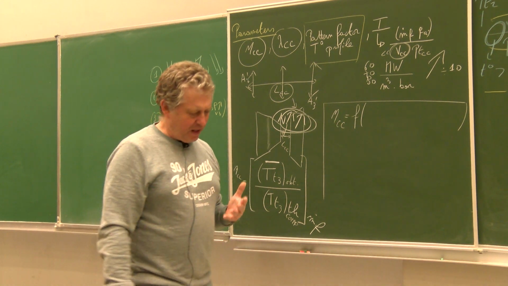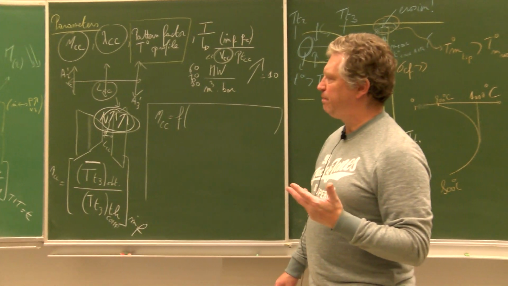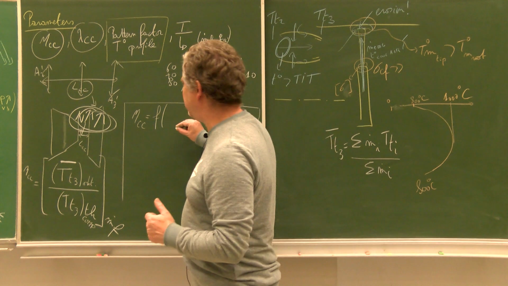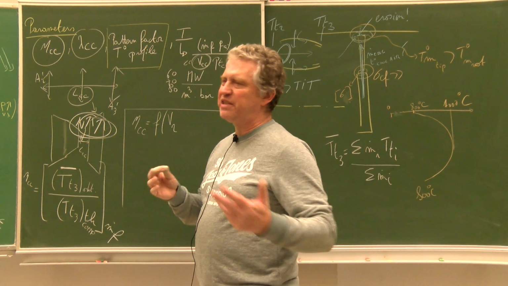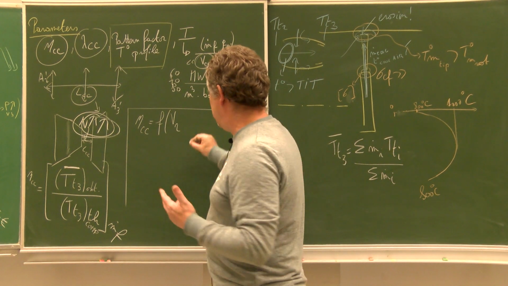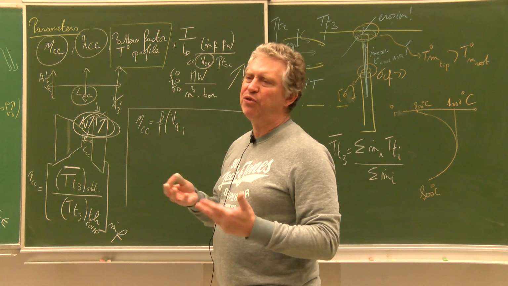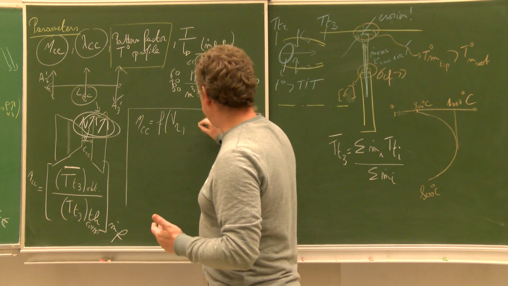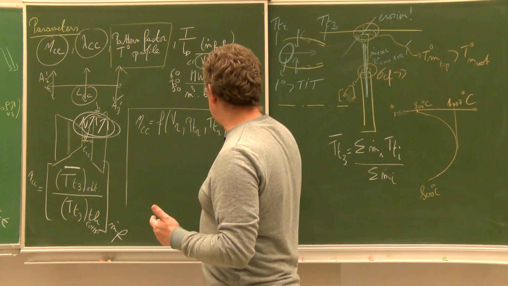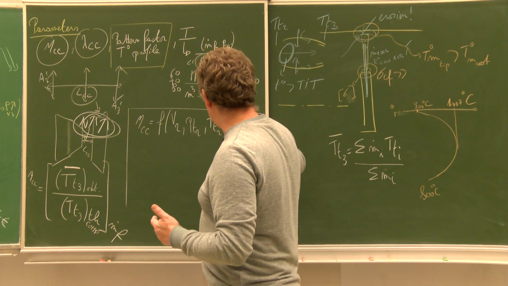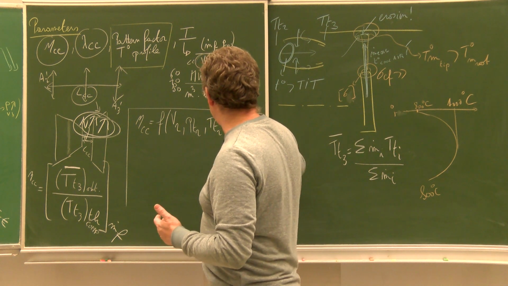The problem with eta Cc is that it depends on a lot of parameters. I have indicated them there. The speed of the flow, let's call it V2. It can be maybe V2 in the section A2 prime, we can discuss. It's also PT2, it's also TT2, and it's also the fuel to air ratio that you have in the combustion chamber.